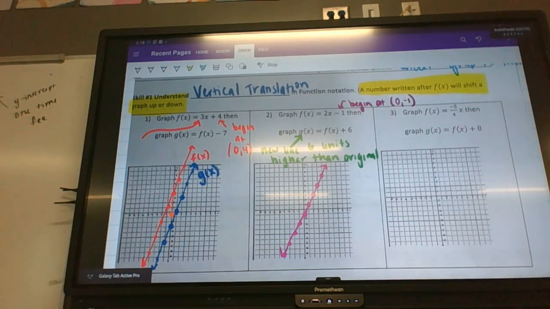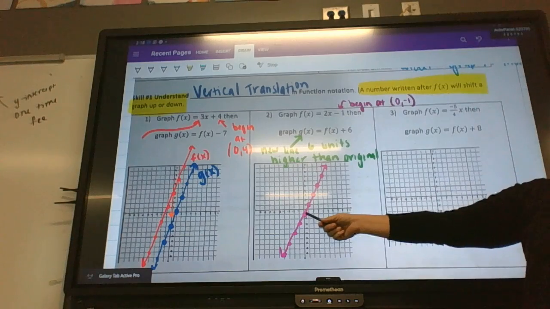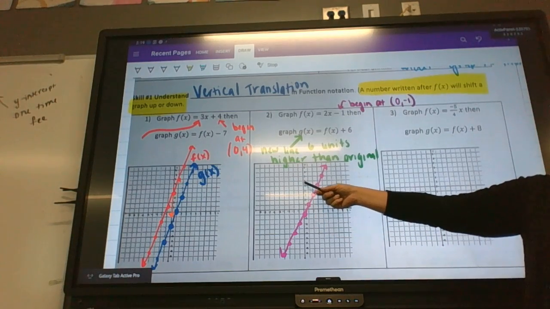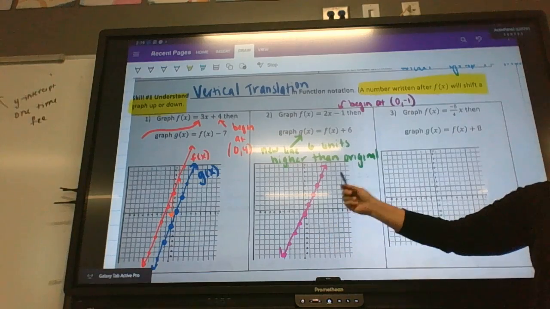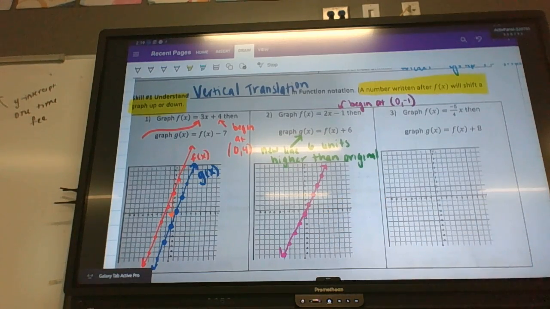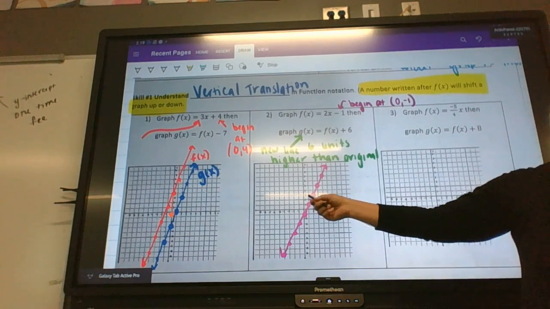Alright, so the +6 just means move every single point up 6. So originally I was at -1. I'm going to count up 6 from there and I'm going to draw this exact line. But it's up 6 from the original. You start with one of these points and count 6.